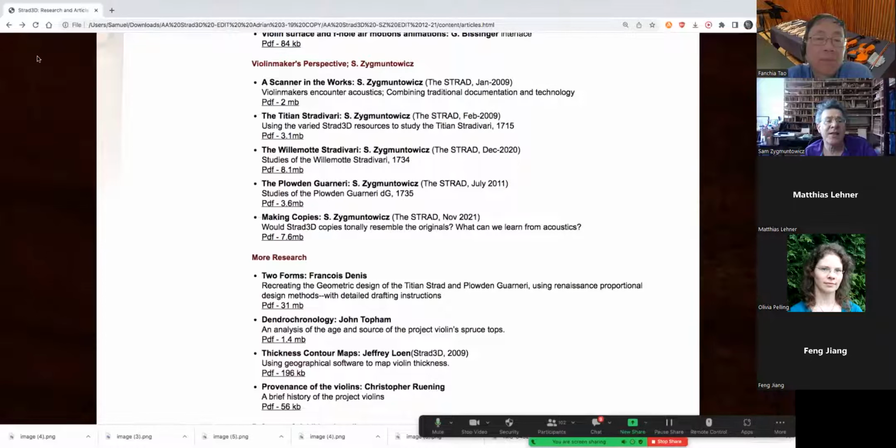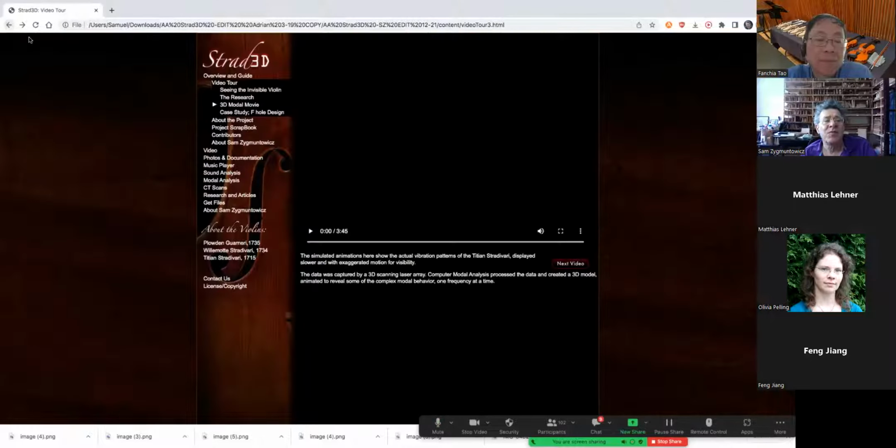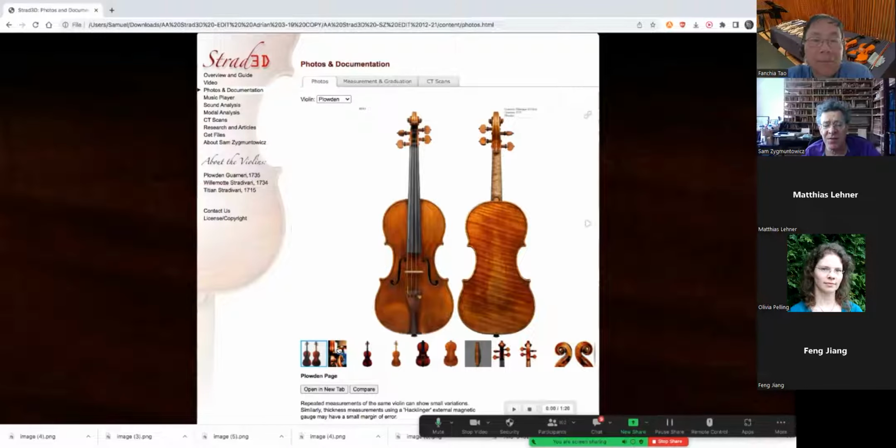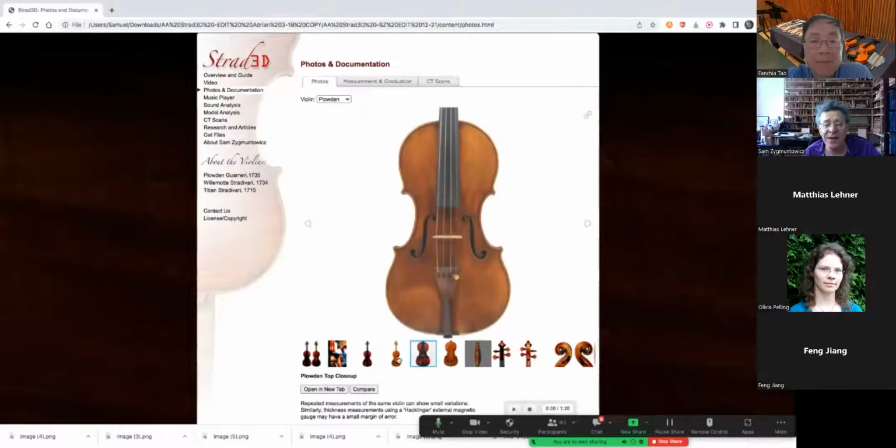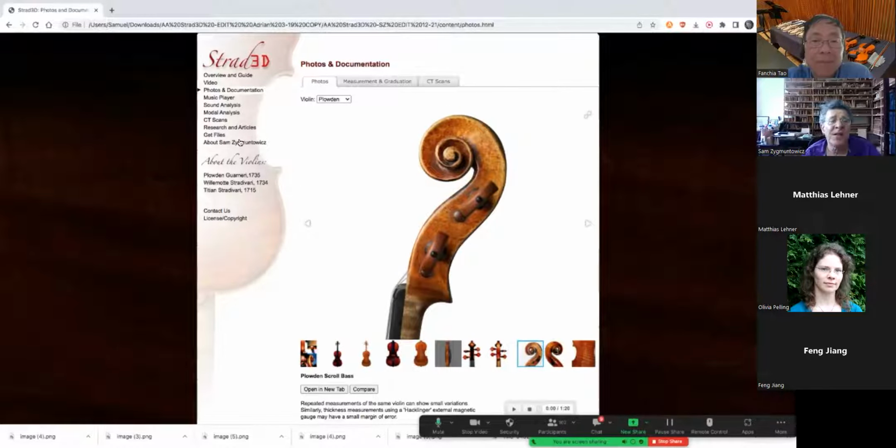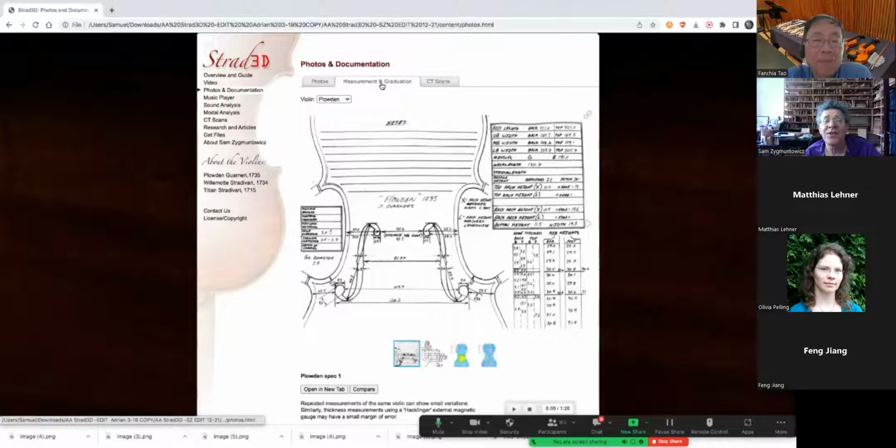Let's just go back. All this stuff is here. I'll just show you some of my favorite things. Well, the photos, there are nice photos, and you can zoom in. It's just a nice resource, and they're also downloadable. You can look at the measurements of the fiddles.